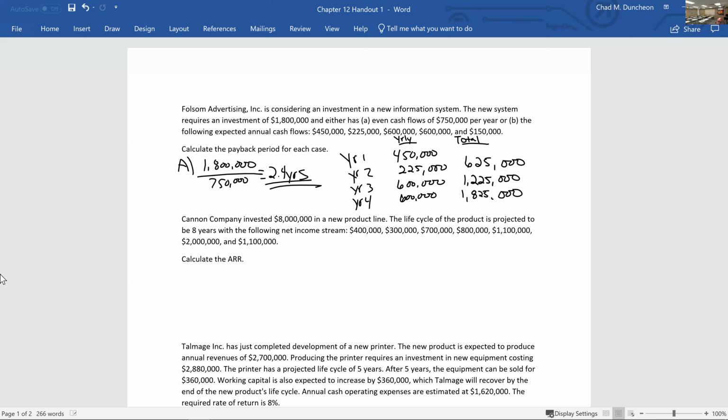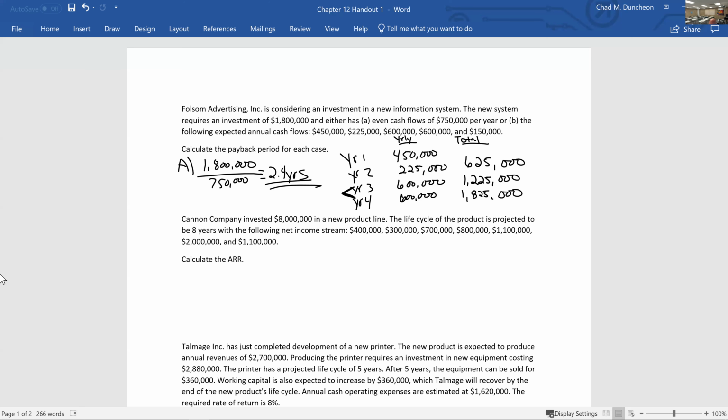Now we're at 1.825. So now we've gone over. What that is telling me is that somewhere in between year three and year four, we hit that 1.8 million mark. Probably closer to year four, since our total came out to 1.825, but it didn't take the whole 4 years, because we actually got there.